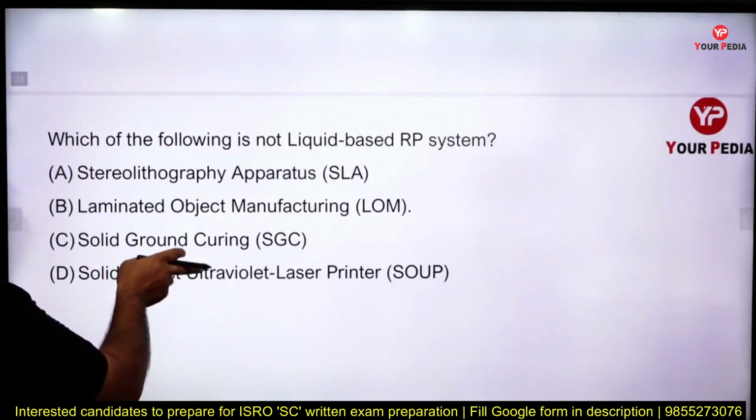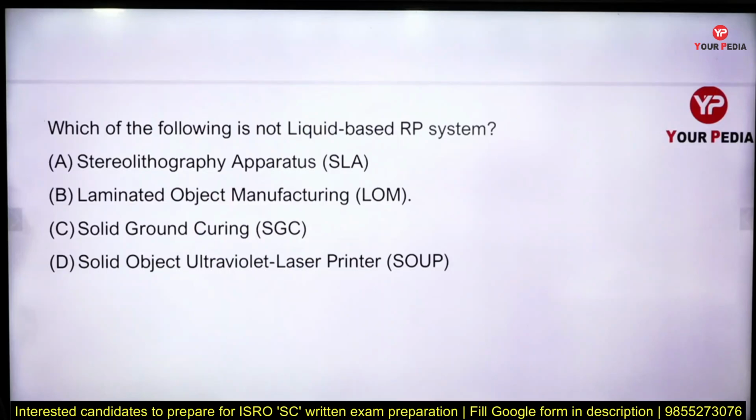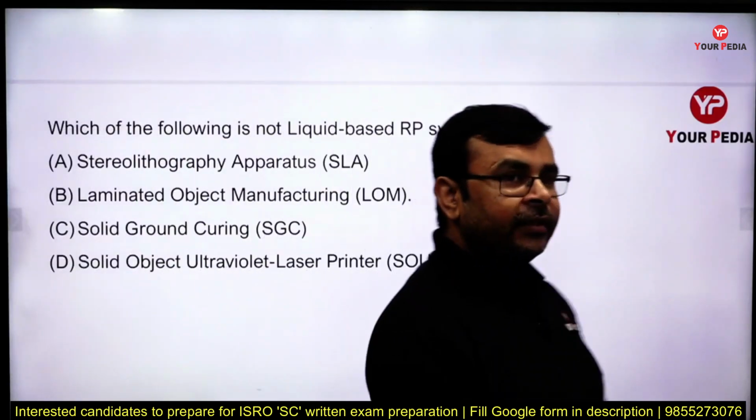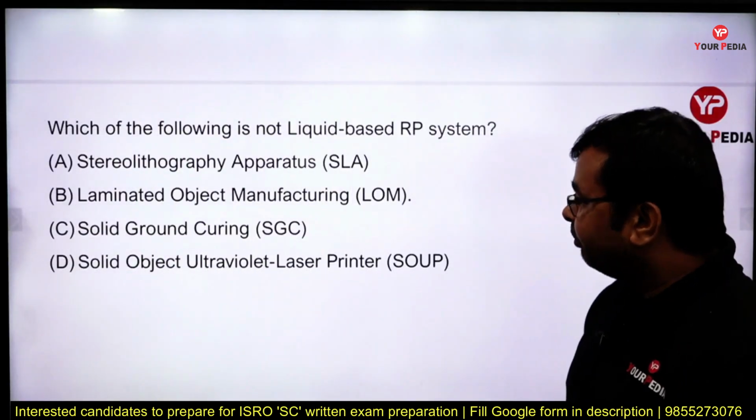Okay, which of the following is not a liquid-based rapid prototyping system, correct? So, stereolithography, obviously here we use liquid polymers. Laminated object manufacturing uses sheets, not liquid.